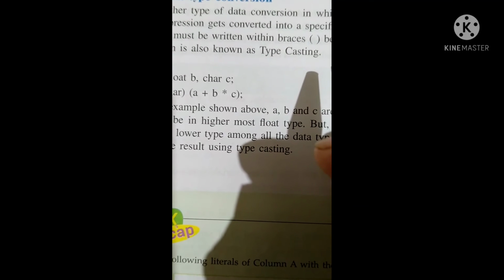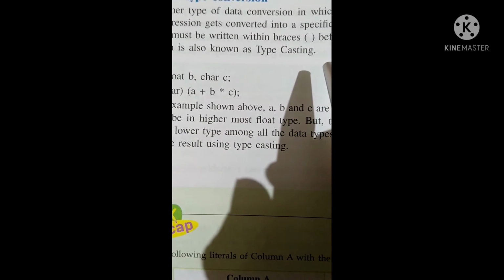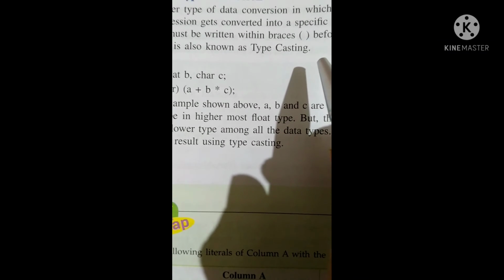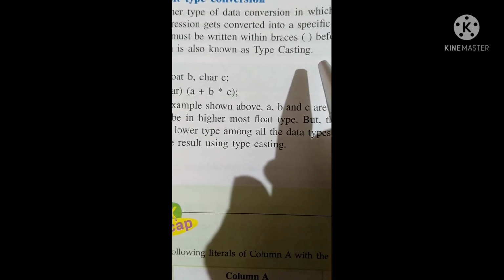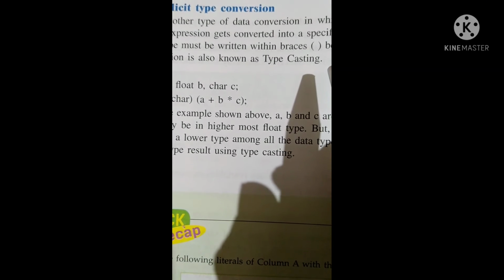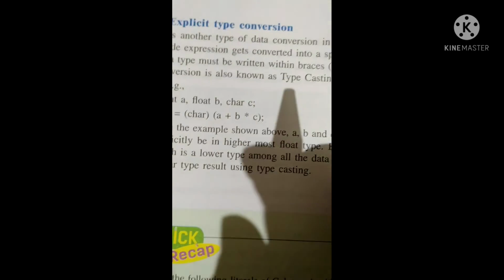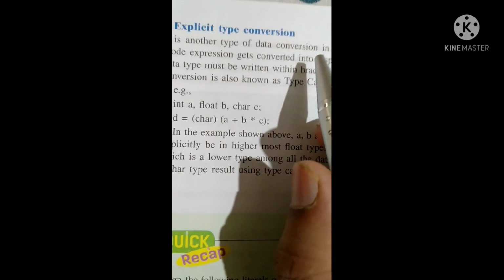And that will be by default in the implicit conversion. If two or three different data types are given, the data will be displayed in the highest data type. But that will be by default, automatically. The user does not interfere in the program, without any intervention of the user.